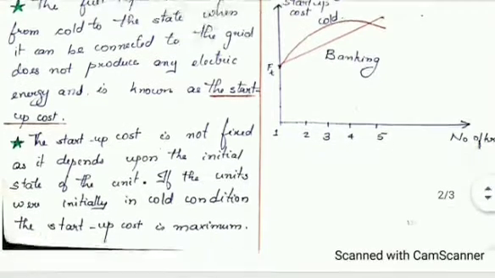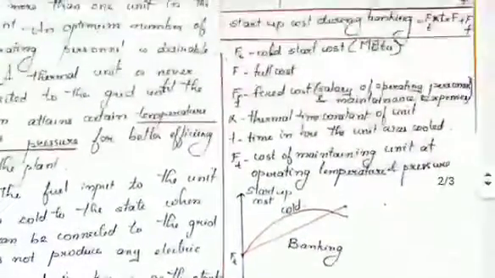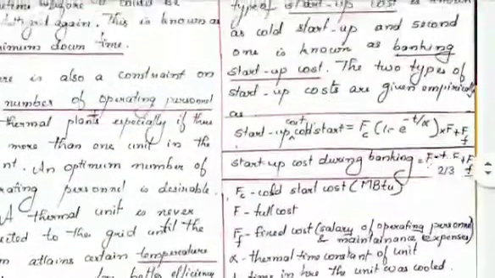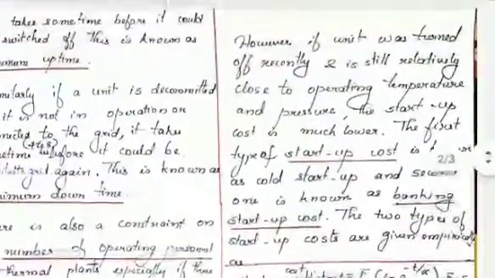The startup cost is not a fixed value. It depends upon the initial state of the unit. For example, if the unit is initially in the cold condition, then the startup cost is maximum. That means we have to give maximum fuel, and only then will it reach the proper temperature and pressure before being connected to the grid.